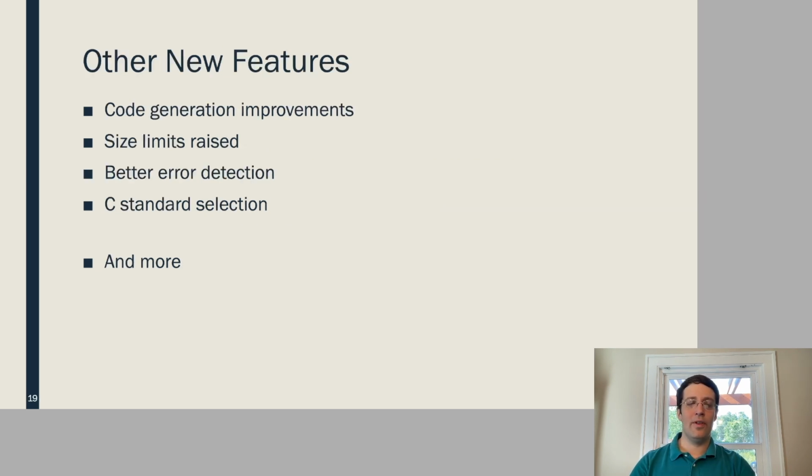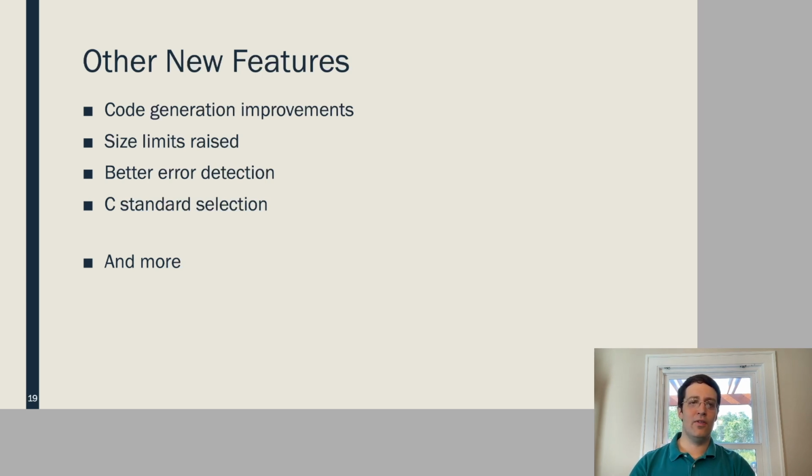And apart from pragma_lint, there are some other additions and features in the compiler. One of them is just improvements to the generated code. There generally aren't huge improvements there, but there are some improvements here and there, so you'll usually get at least a little better code in a large program. And finally, some internal size limits have been raised to allow you to compile larger programs.